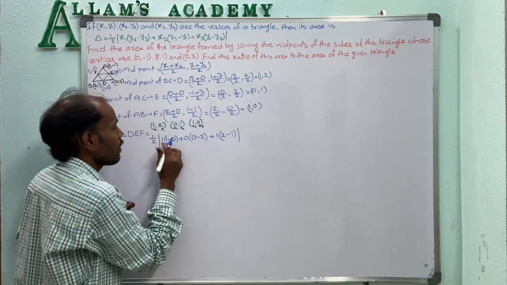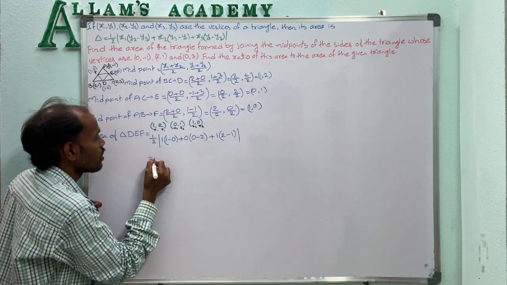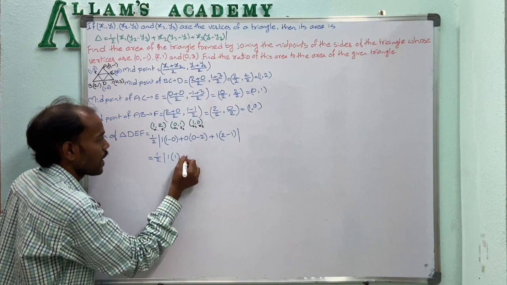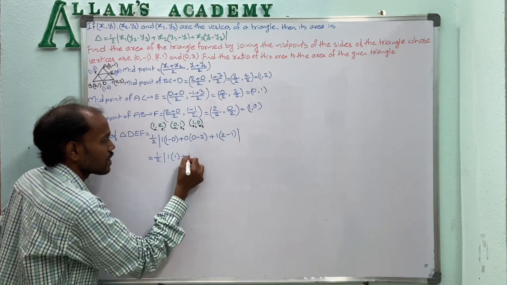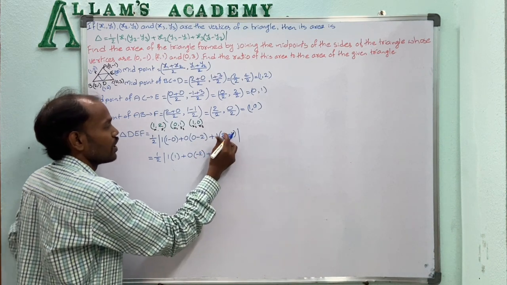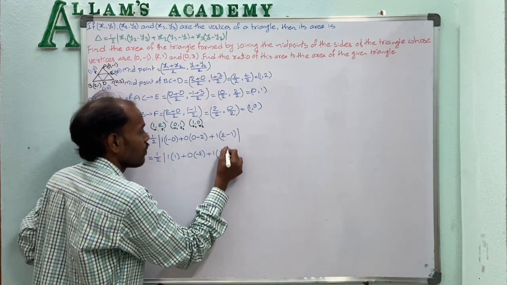So 1 minus 0 is 1. So half mod of 1 into 1 plus 0 into minus 2 plus 1 into 1, since 2 minus 1 is 1.